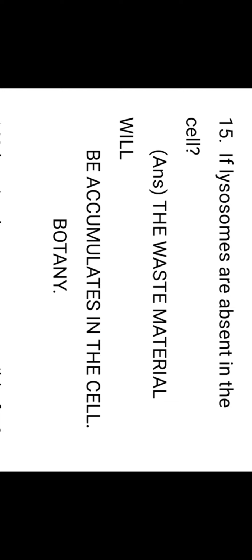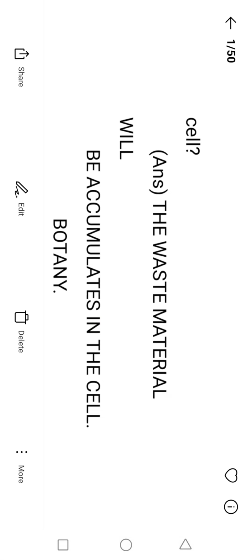The next question: if lysosomes are absent in the cell, it is very difficult for the cell to live. If lysosomes are absent or become non-functional, cells tend to accumulate all the waste and worn-out particles within, and it becomes toxic, which otherwise would be eliminated by the lysosomes.